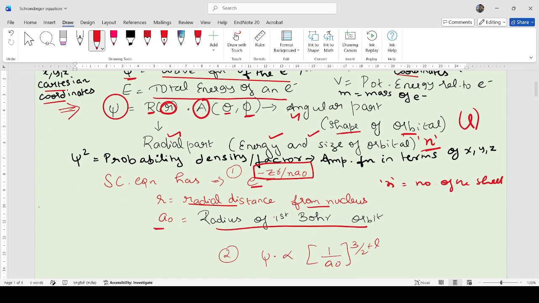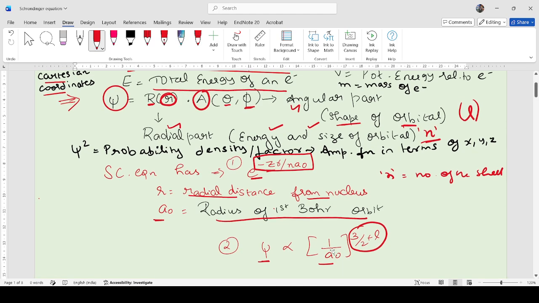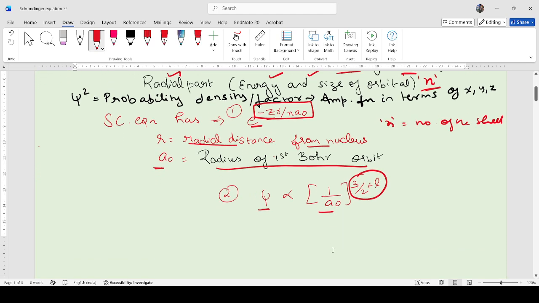Psi will also have the next format, 1 by a naught power 3 by 2 plus L. So just by looking at the Schrodinger equation, we will be able to identify the specific orbital that is provided here. Let us understand it with an example.